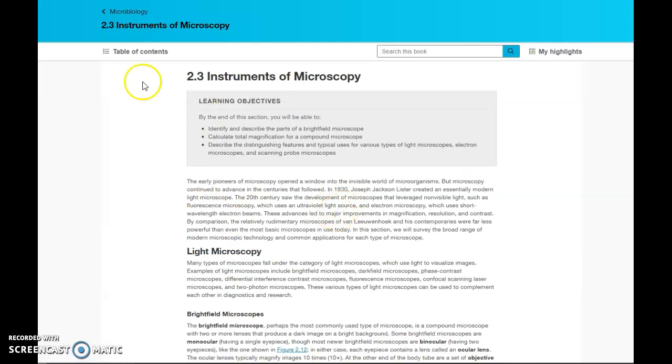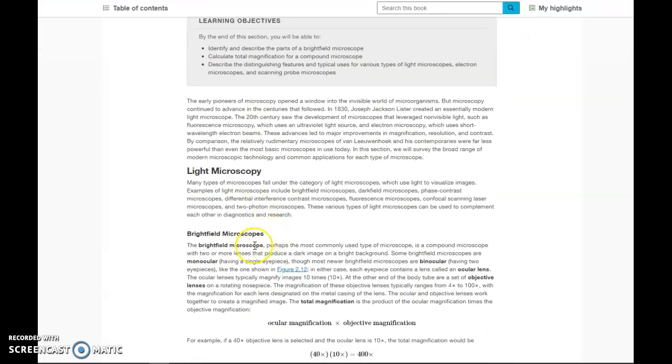Now, when we look at microscopes, we have a lot of different types of microscopes that we can use. In our labs, of course, we are using light microscopes, and specifically we're using bright field microscopes where we have a dark image on a bright background.